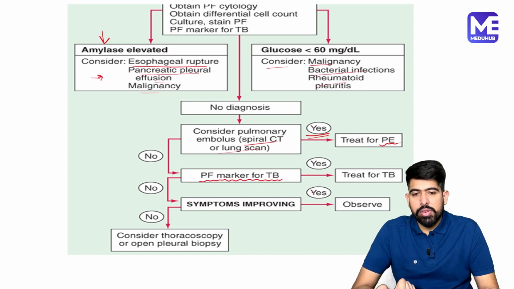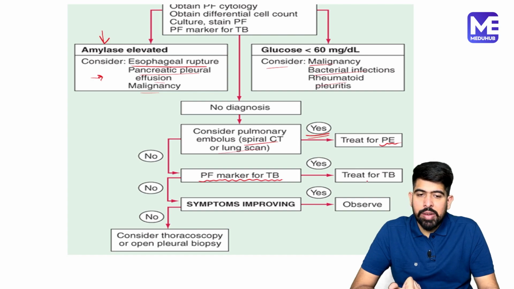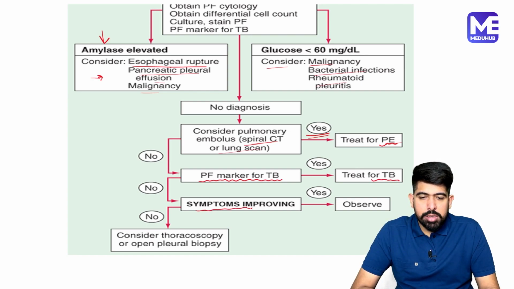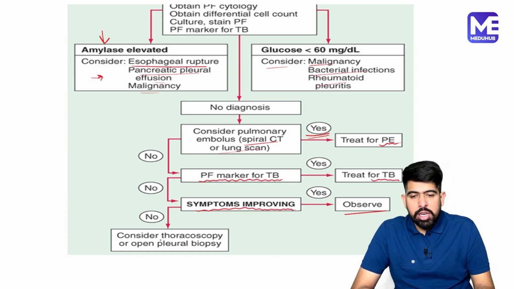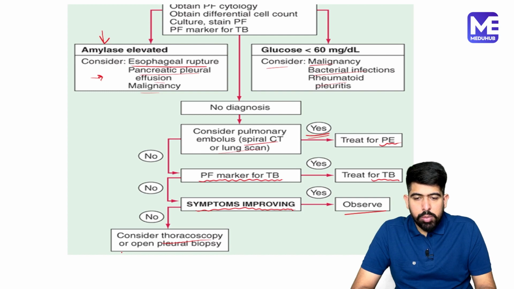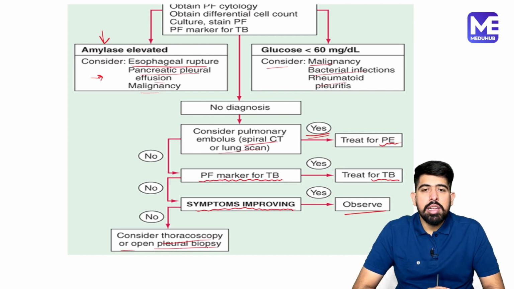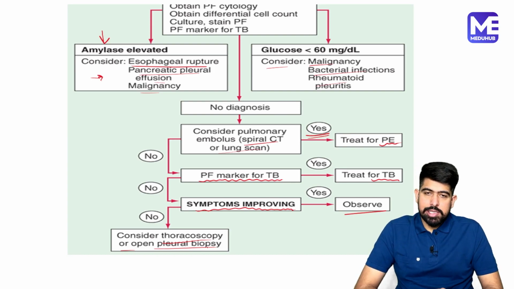If it is positive for these TB markers, then we have to treat the TB, and if not, we have to do symptomatic improvement. We have to observe the patient, or we can do thoracoscopy or an open pleural biopsy.